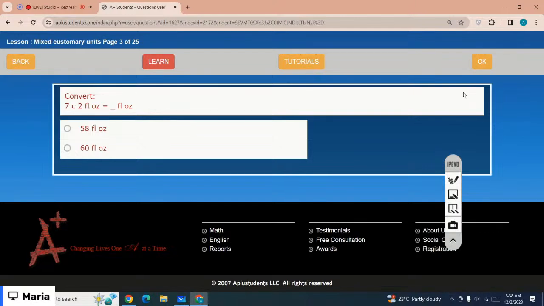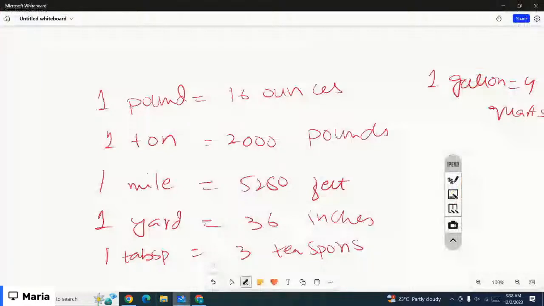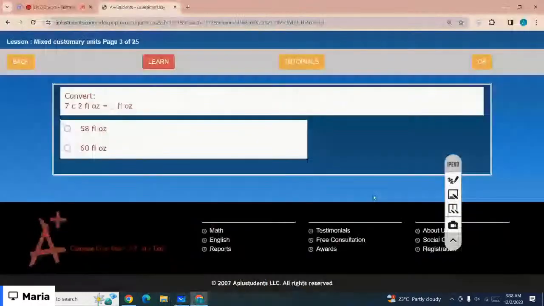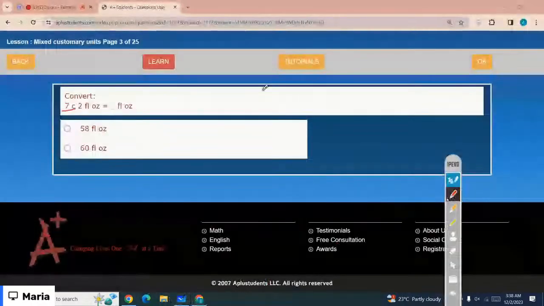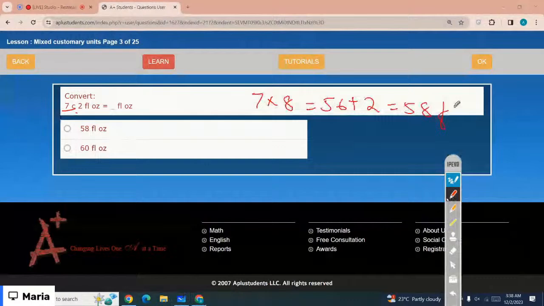Let me just write it down on the board. You can note down, 1 cup equals 8 fluid ounces. Here you have 7 cups, so you have to do 7 times 8, which is 56. You already have 2 fluid ounces. So 56 plus 2 equals 58 fluid ounces. The correct option is 58 fluid ounces, right?